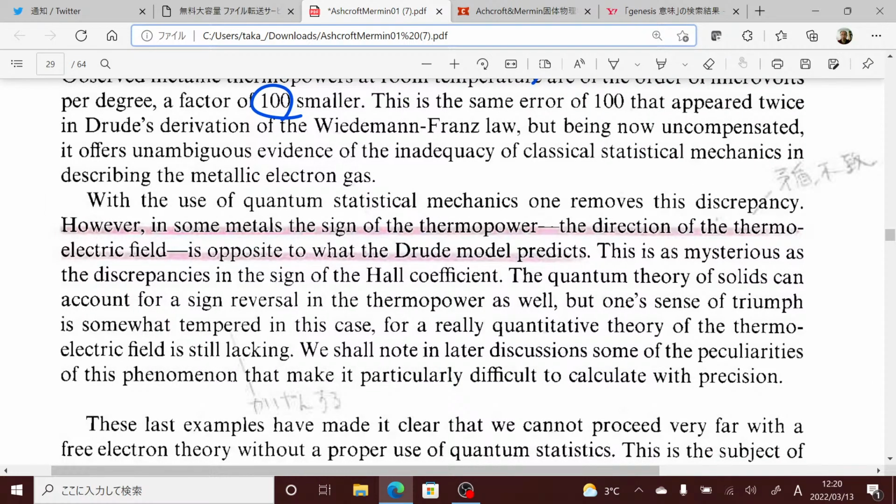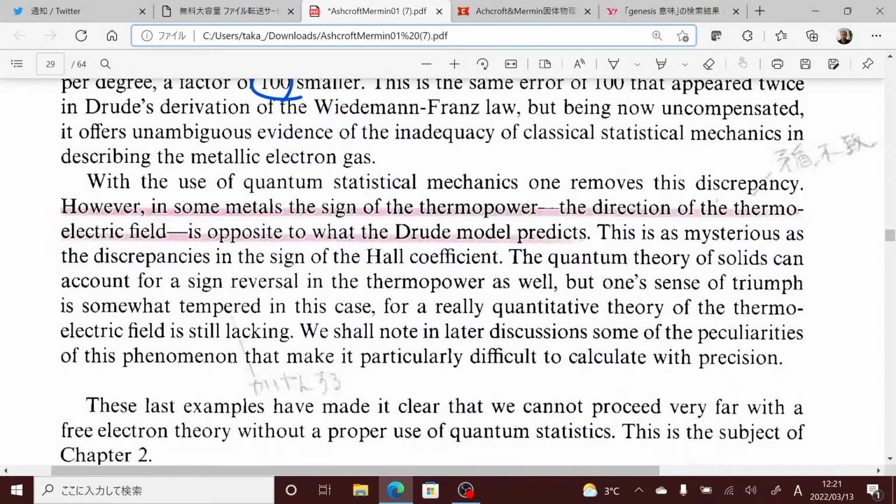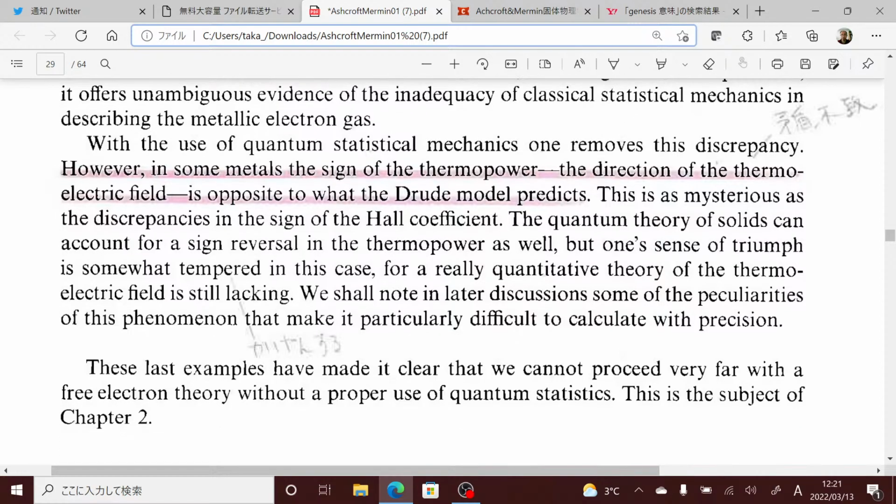With the use of quantum statistical mechanics, one removes this discrepancy. However, in some metals, the sign of the thermal power, the direction of the thermoelectric field, is opposite to what the Drude model predicts. This is as mysterious as the discrepancies in the sign of the Hall coefficient.